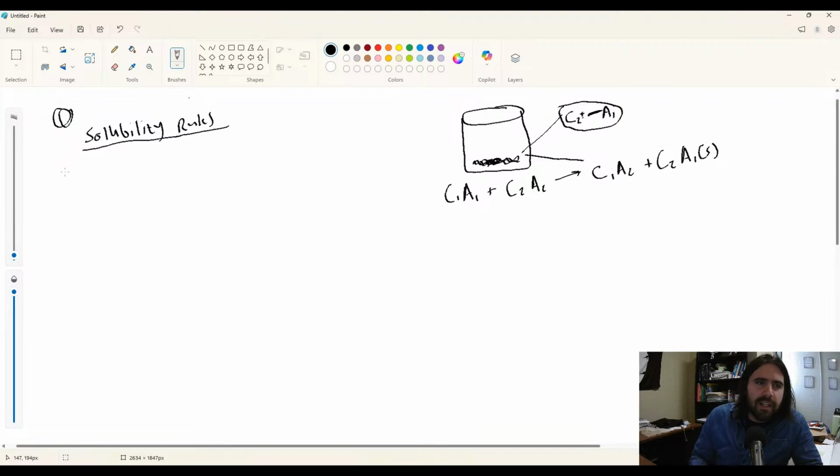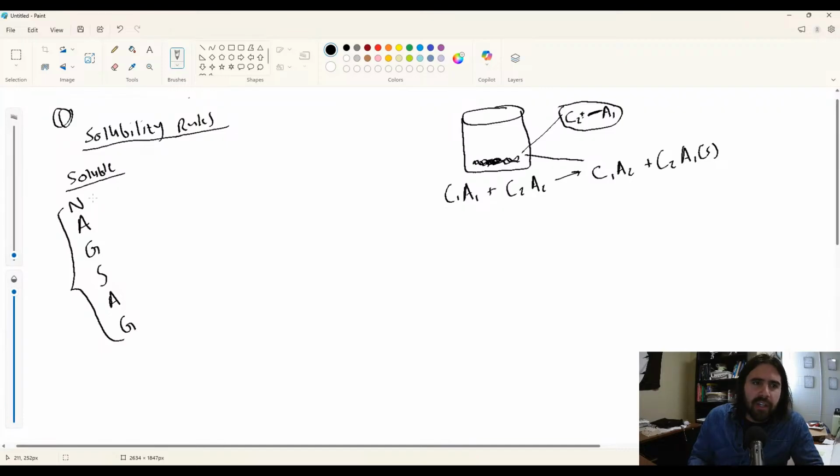Within things that are soluble, the best way to remember this, or at least the best way that I can find, and I didn't use this, but apparently the interwebs uses this, and so we're going to use that because I find it really helpful, is by memorizing the acronym NAG-SAG. Each one of these corresponds to a certain type of thing that is soluble in water.